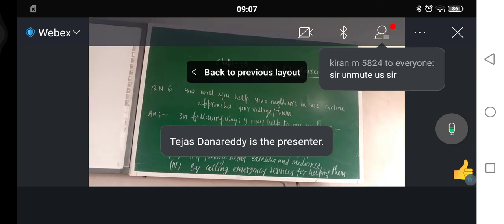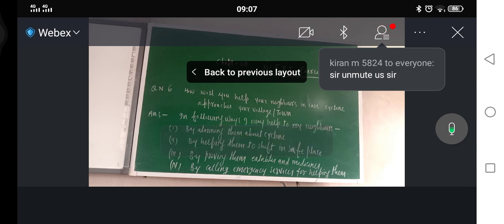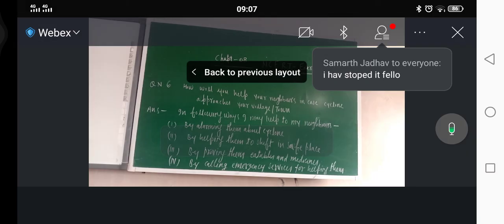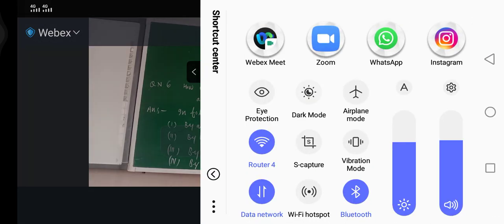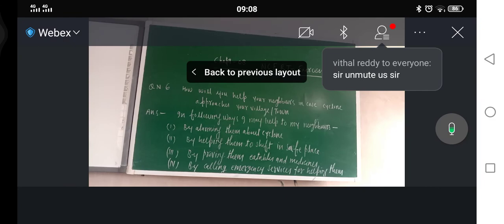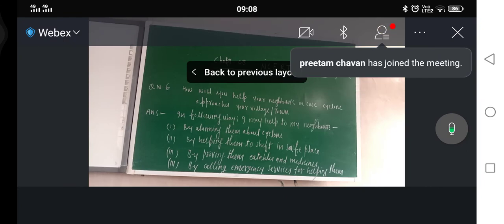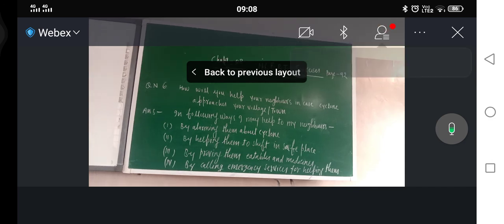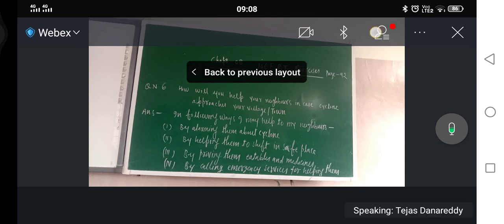Sometimes there is a problem either in the Wi-Fi or net. It is not responding.